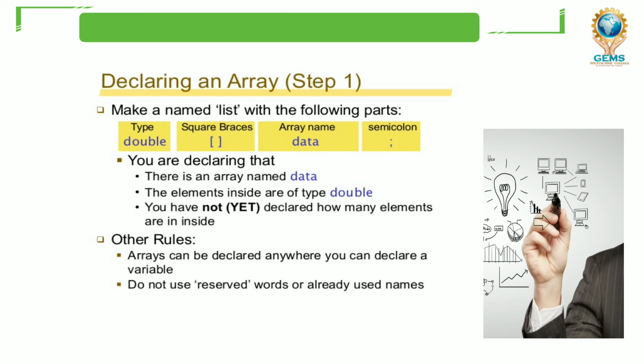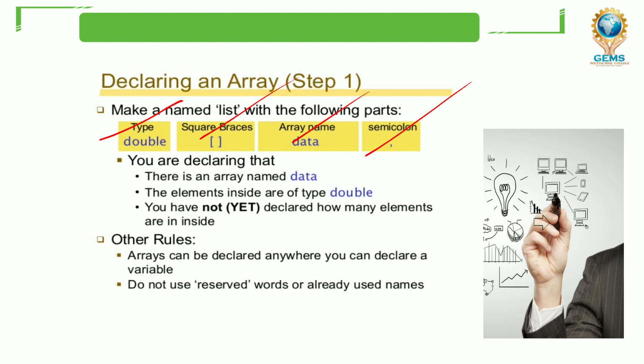First, what should be there? Type. Double is the type. Second, square braces. Third, array name. Fourth, semicolon. You have to understand one thing here: the array name and square braces may be interchanged. First the array name comes, then the square braces later, otherwise first the square braces, then the array name.